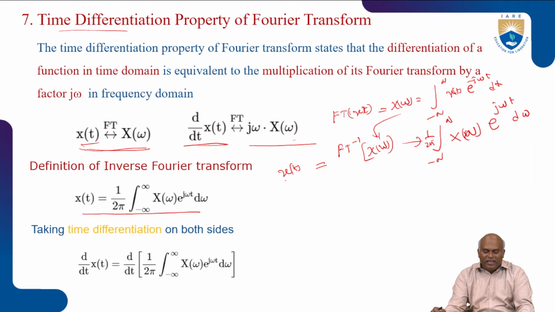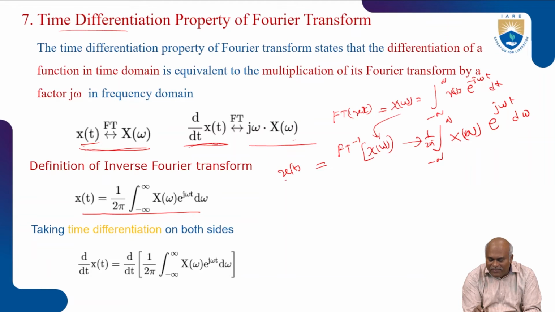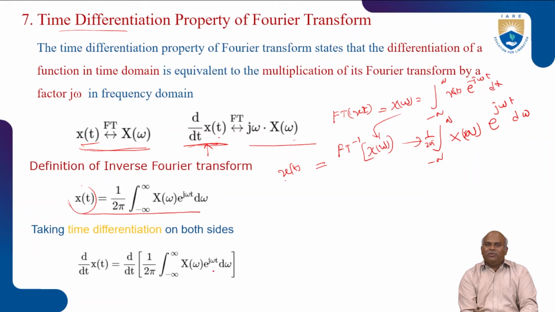Now, taking the time differentiation on both sides. The time differentiation is going to happen only for the input x(t). That's why I do the differentiation: d/dt x(t) is equal to d/dt of 1/2π ∫ from −∞ to +∞ of X(ω) e^(jωt) dω.